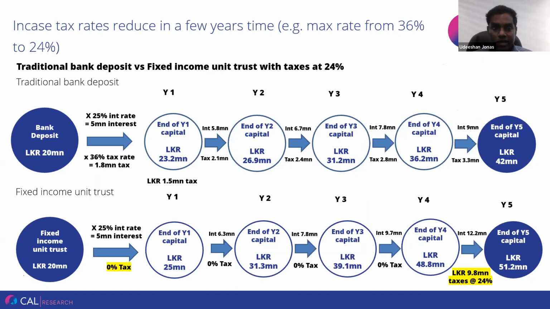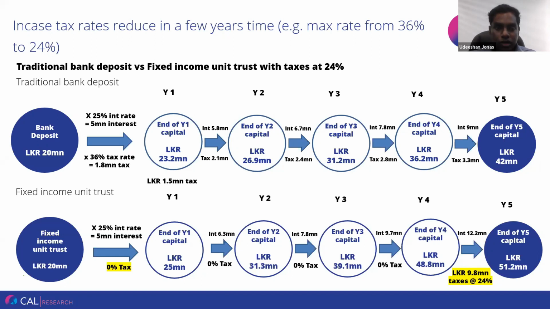Also keep in mind that when different political regimes come into play, there is a different view on taxes. If they feel that the tax rates are high, that can also be a reason why they will reduce the rates. So if we feel, based on what we think, that the tax rates come down to 24% in 3-4 years time, what can we do? How can we capitalize on that?